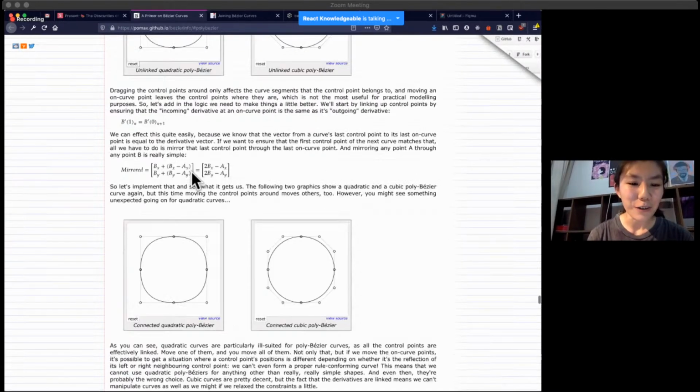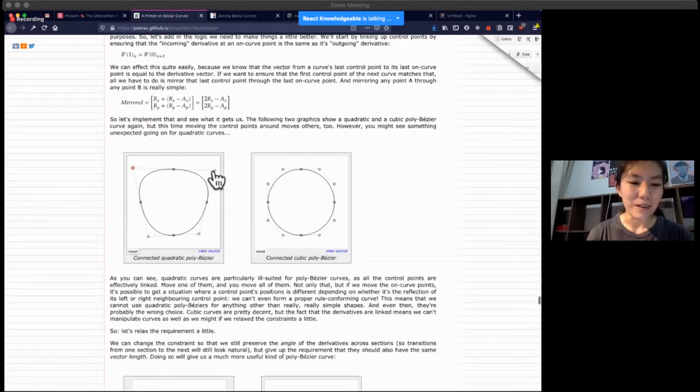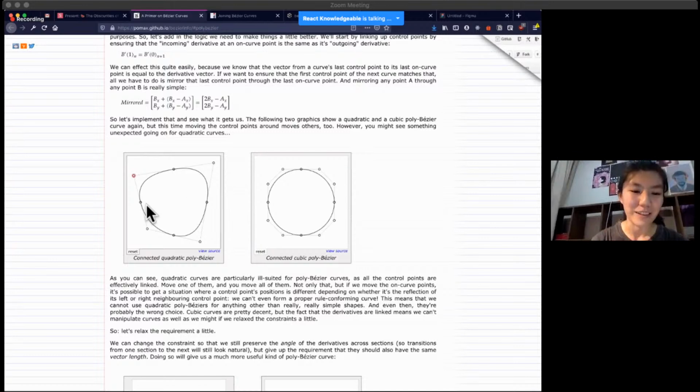So this is very bad. This is a poly curve formed by quadratic, which means 2-degree Bézier curves. So what you want to use is 3-degree Bézier curves. These ones won't affect the whole curve.